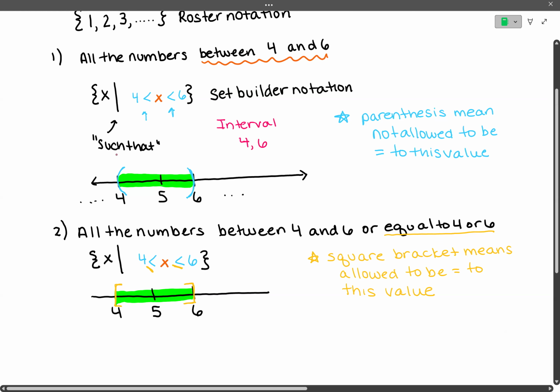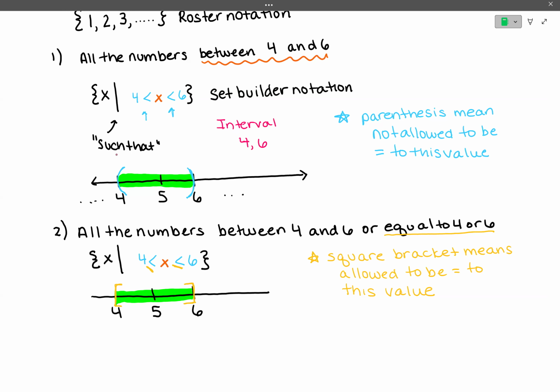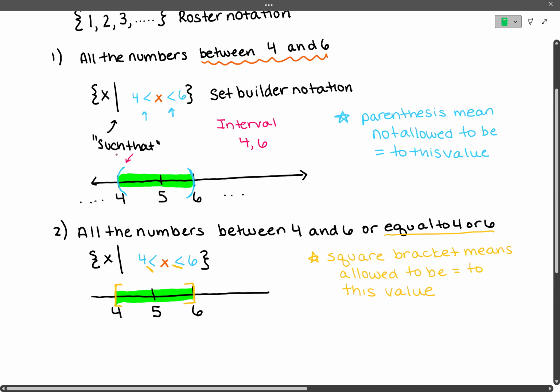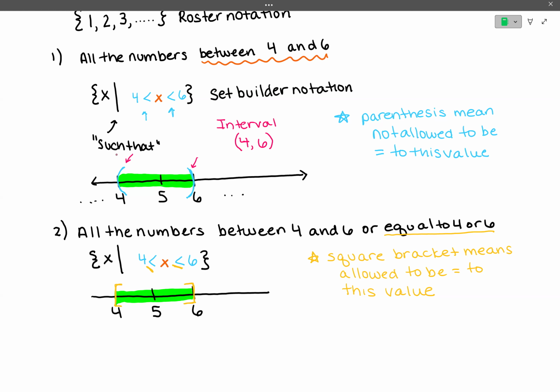So I'm listing the edges only, and I'm listing them in numerical order leftist to rightist. And then I would wrap these up. Since there's a parentheses here, I would put a parentheses on 4 and then a parentheses on 6 as well, because I wasn't allowed to be equal to. Now, that looks an awful lot like a coordinate, so you're going to know that it's an interval based on the context from the question.